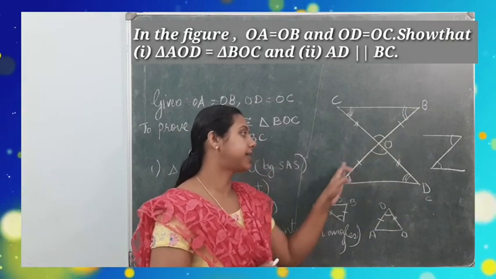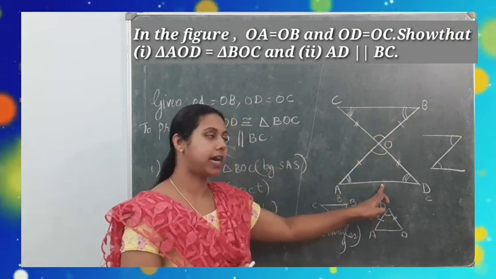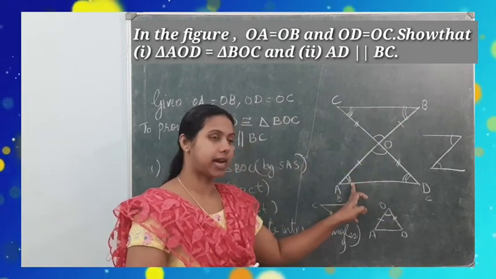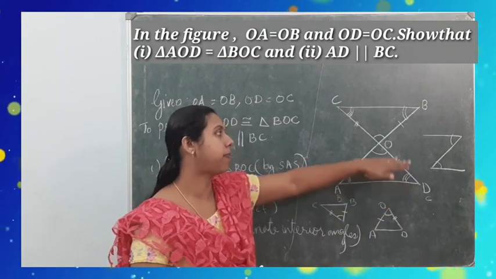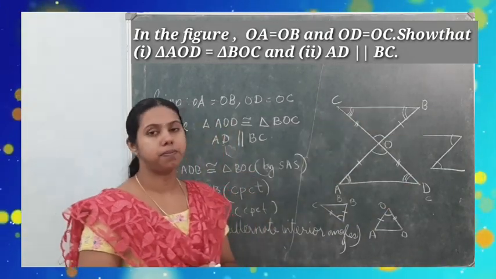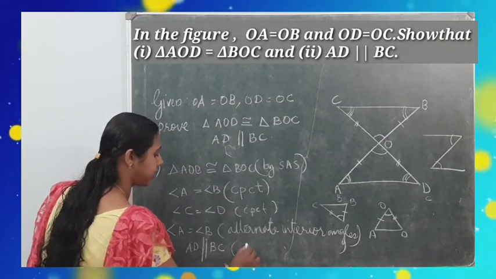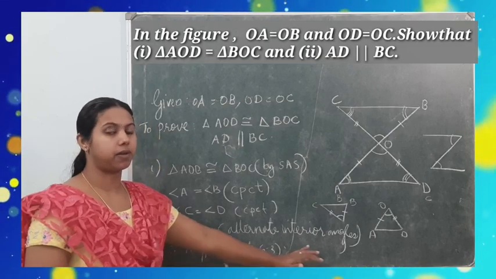Here AB is the transversal and it cuts the lines AD and BC such that a pair of alternate interior angles is equal. Therefore, we can say that line AD is parallel to line BC. So, AD parallel to BC, write the reason: by Theorem 6.3, or you should write the theorem in the bracket.